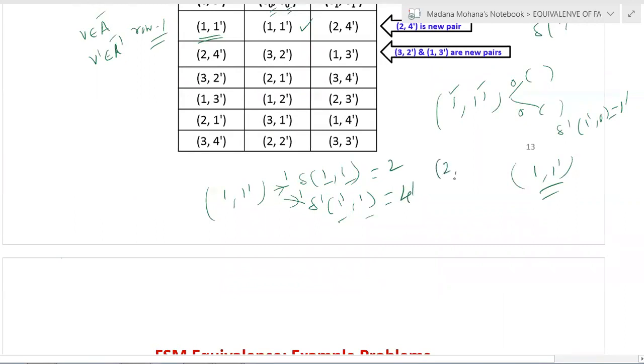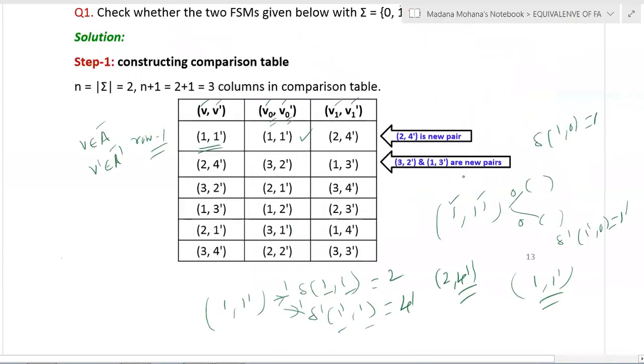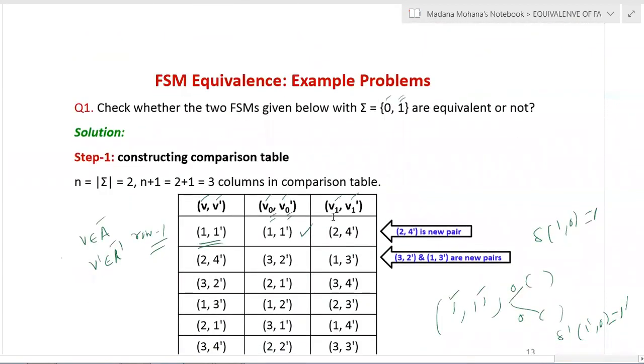Now the pair is 2 comma 4 dash. This can be included in column 3 of row 1. Here you can see 2 comma 4 dash. So then, as per our algorithm, whenever a new pair occurs, that can be considered in column 1 of the next row as a new pair.